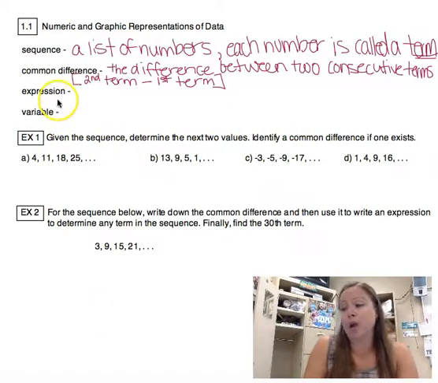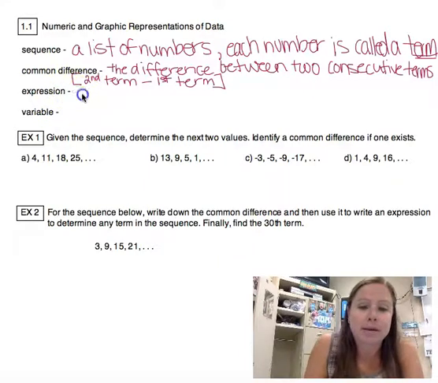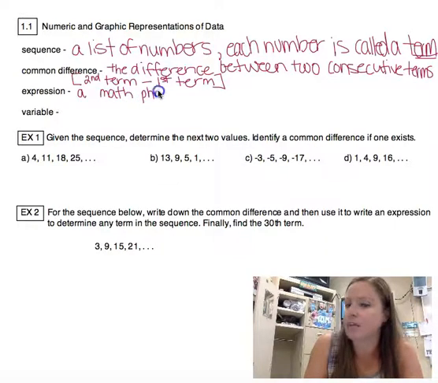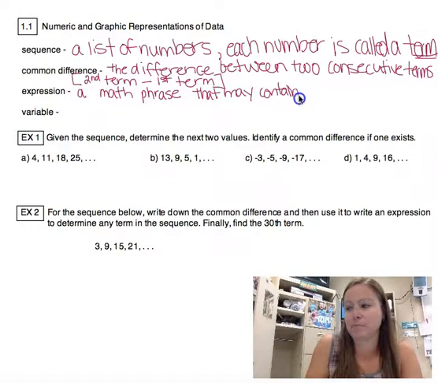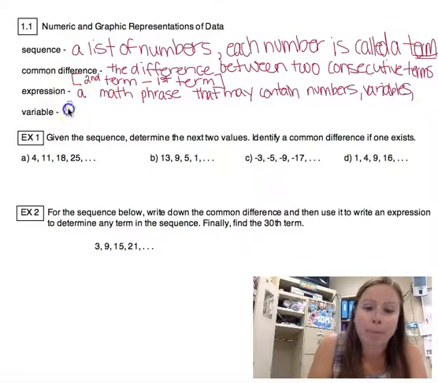So an expression is a math phrase, not sentence, a math phrase that may contain numbers, variables, and operations.